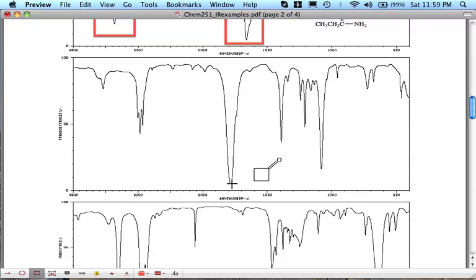So if you see a carbonyl and it's unusually high, that is usually giving you a clue that there might be some information there. As I mentioned before, it could also potentially be an acid chloride, although that functional group we won't run into a lot. They're fairly reactive compounds, and so we won't be seeing a lot of IR spectra of those, but if you did, you would see something up there.